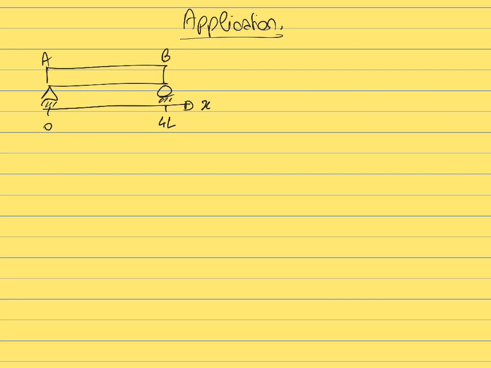That's going to be the point B. And then in the middle, at x equals 2L, there is a concentrated force that is applied going down, so an external force applied in the middle, and so that's going to be the point D, for example.